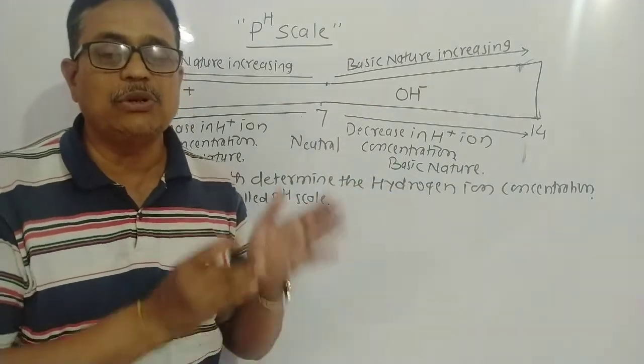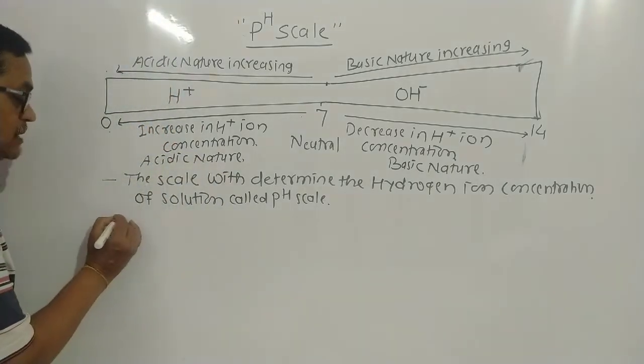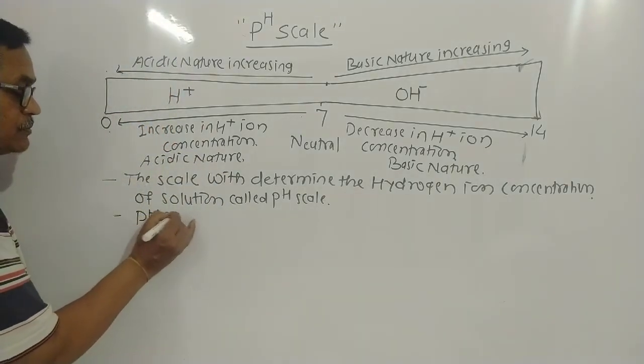Dear student, commonly, if the pH value is between 0 to 7, that is acidic in nature.